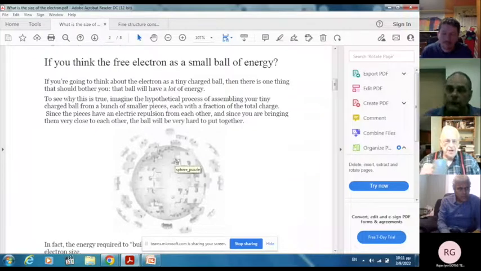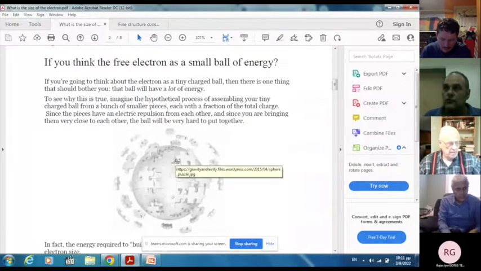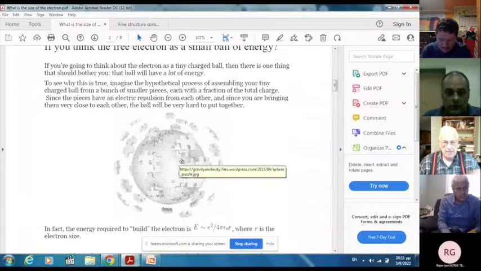We can have bits of charge, and we try to compress them together, but because they are all negative, the same charge, they will repel each other.